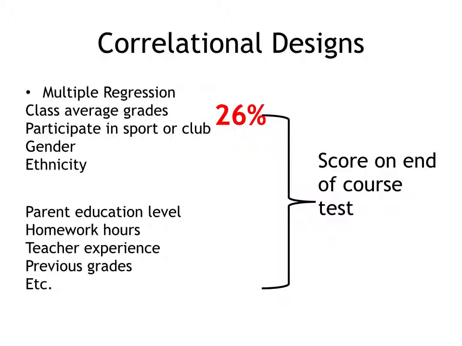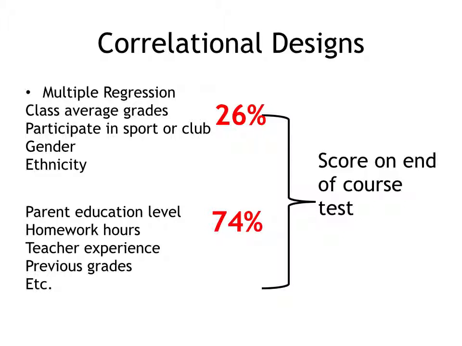I can then drill down and see how much each of those variables contribute to that 26%. I can analyze which of those variables is the most important in explaining the end of course test, the variability in student scores on those end of course tests. And then if there's one of those variables I'm especially interested in, I can statistically remove the influence of all the others.